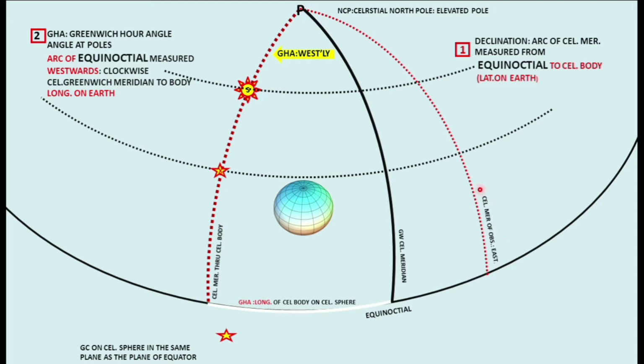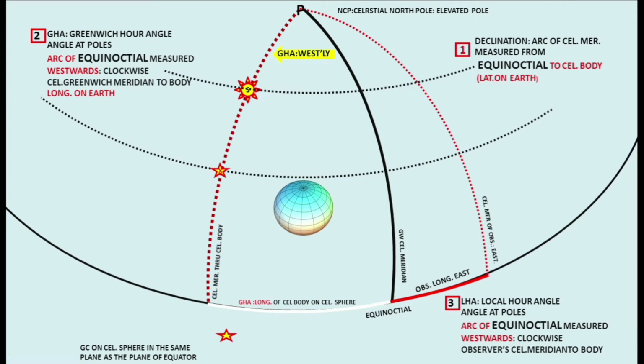Here I have an observer who's on the east longitude, and we know the longitude is the arc of the equinoctial or angle at the poles. Local hour angle is the angle at the poles or arc of the equinoctial contained between the celestial meridian passing through the observer and the meridian passing through the celestial body.